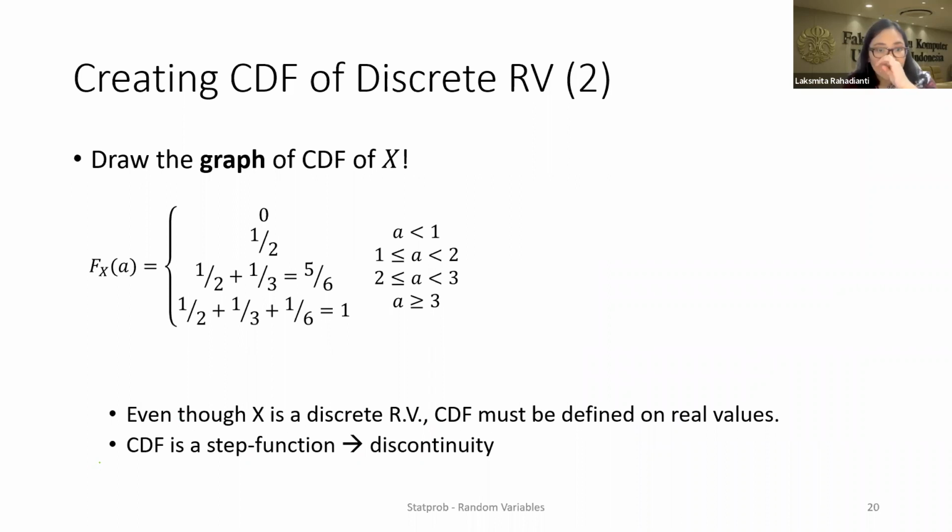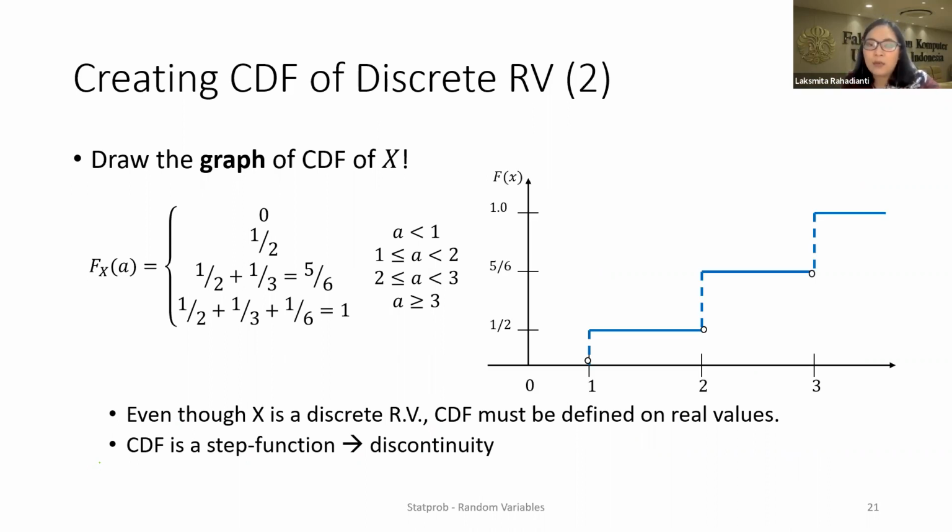So if I were to draw the graph of this, previously the PMF was just impulses, right? So it was a line graph for every single probability. Now we have a step function. If the CDF is defined on a continuous range, then we know that for anything below 1, it's 0.